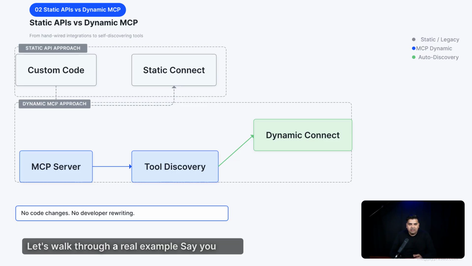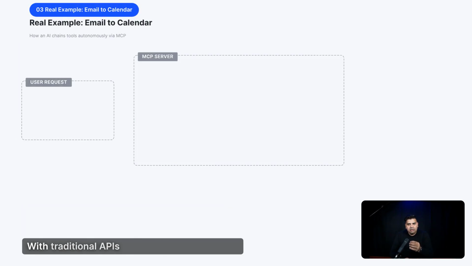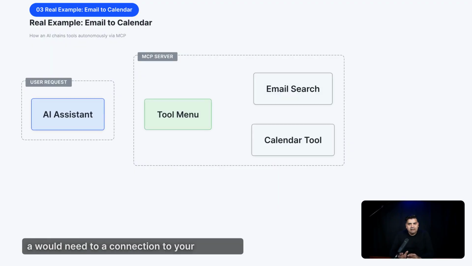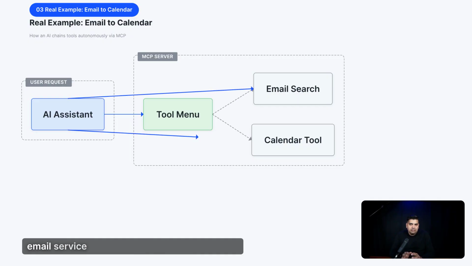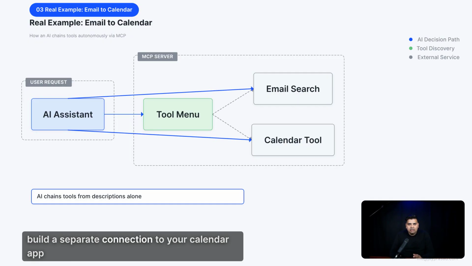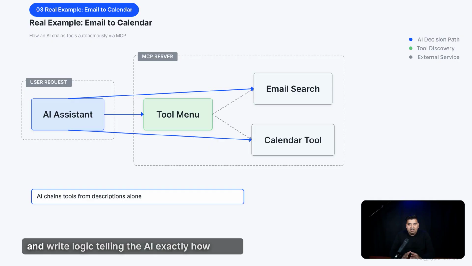Let's walk through a real example. Say you ask your AI assistant to find my last electric bill and add the due date to my calendar. With traditional APIs, a developer would need to build a connection to your email service, build a separate connection to your calendar app, and write logic telling the AI exactly how to use both. With MCP, the AI connects to a server that offers email search and calendar tools.